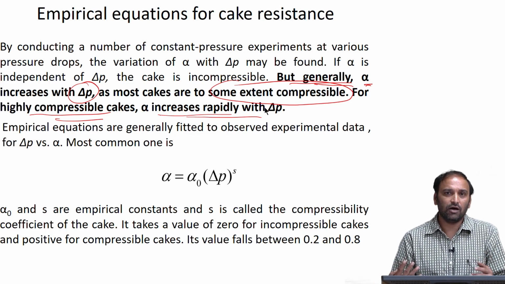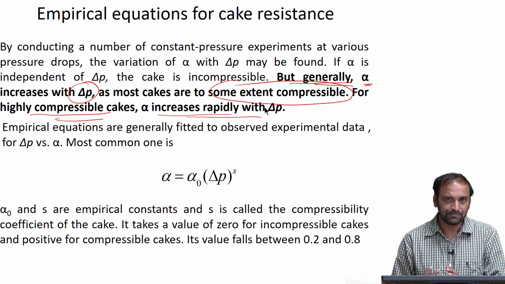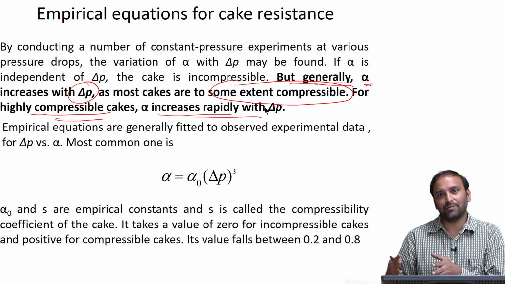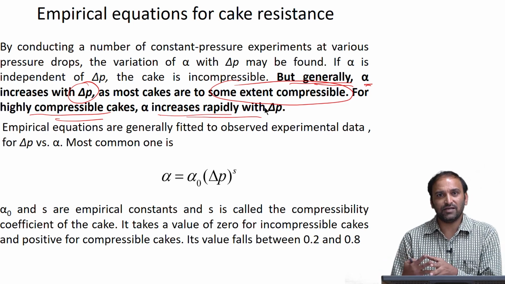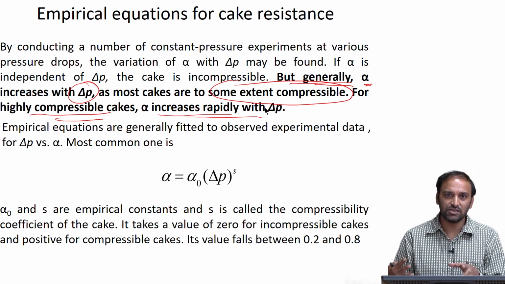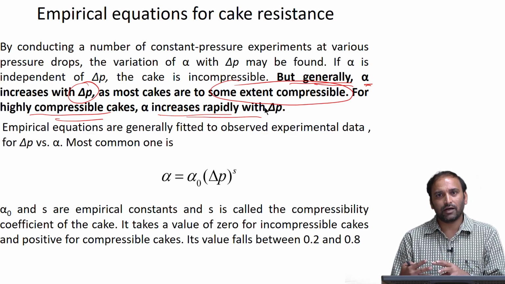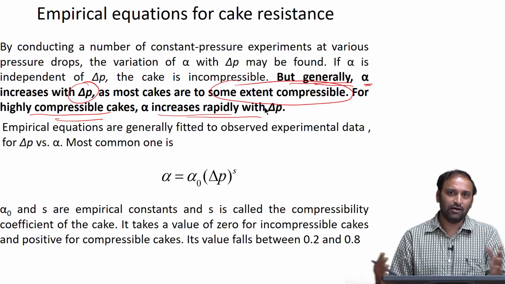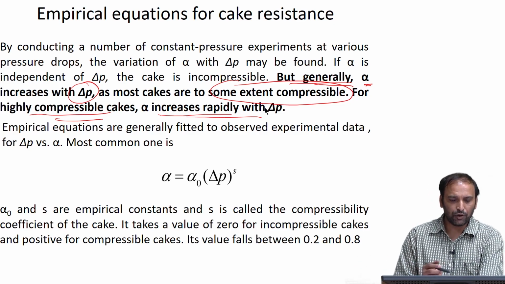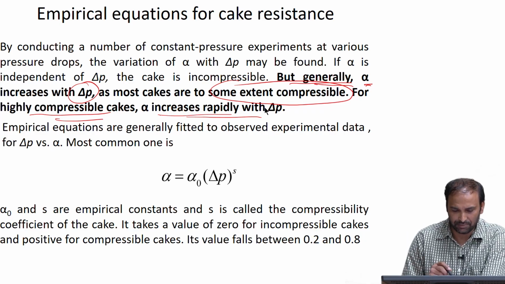It depends on whether the delta P applied is small and whether the slurry consists of rigid particles which do not yield when you apply a particular pressure drop. Then I could assume that the cake is incompressible.